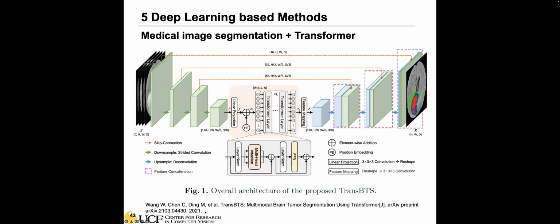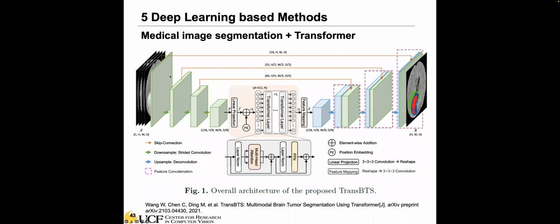So this work, TransBTS, applies these transformer layers in a 3D CNN network. The TransUNet you saw before is a 2D network, but here we can also use the transformer in a 3D CNN network. So that's what they did. You still have the encoder-decoder structure.